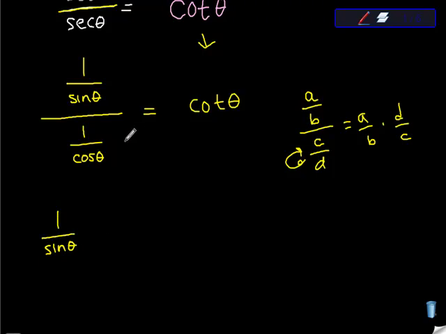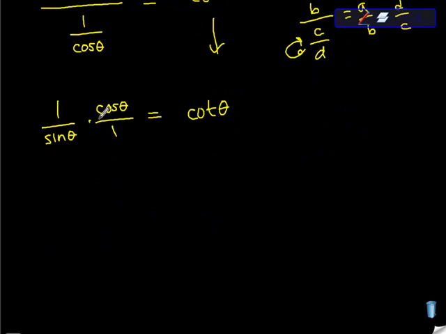Then I take the reciprocal of the second part, cosine theta over 1, equal to cotangent theta, which I bring down. Multiplying straight across, I get cosine theta over sine theta equal to cotangent theta.